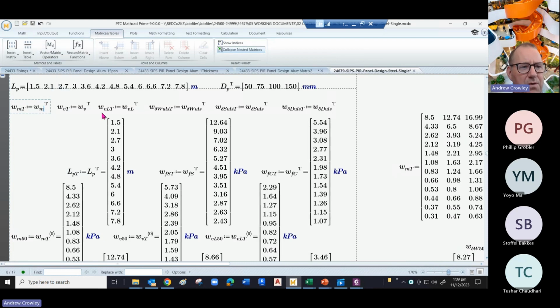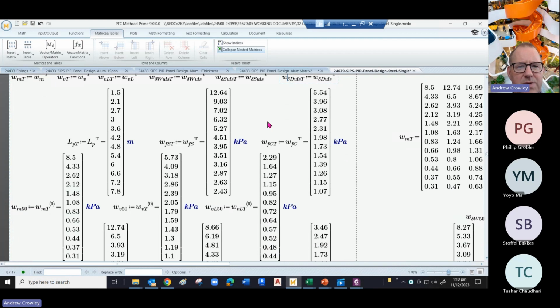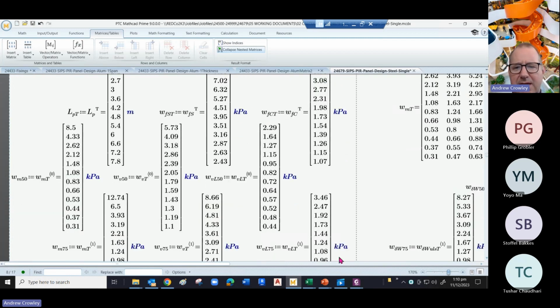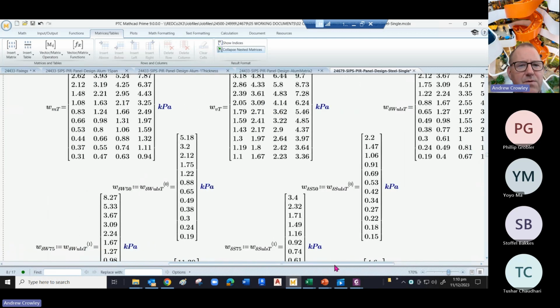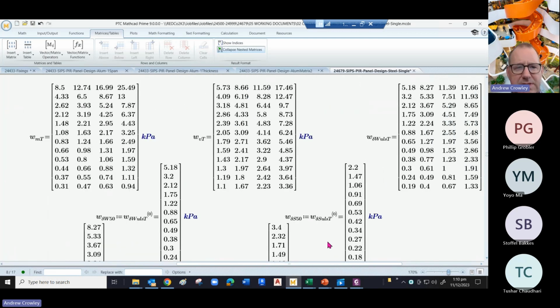Similarly, we do it for shear, short term and long term, for deflection under wind load, deflection under snow load, deflection under dead load. And then we can also look at fixings and so forth. So from that, we get this set of arrays, and we end up with these transformed matrices.